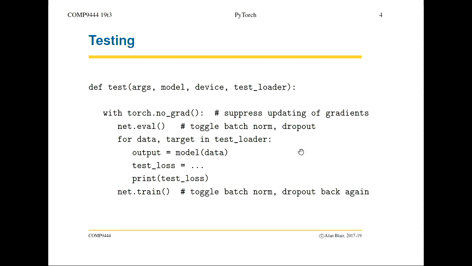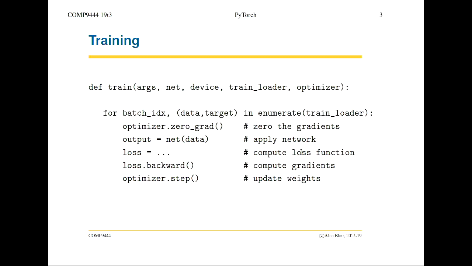Now, if we left out this with torch.no_grad, it might be okay, because if we don't call loss.backward, then it won't change the gradients. And then if we later say zero_grad, it'll throw away whatever gradients it has.